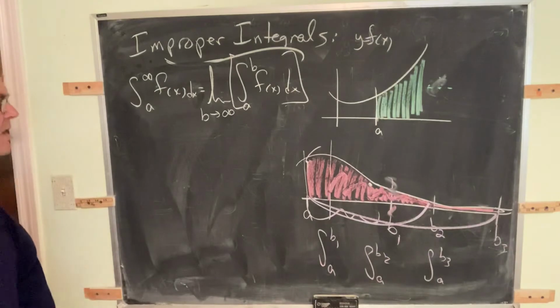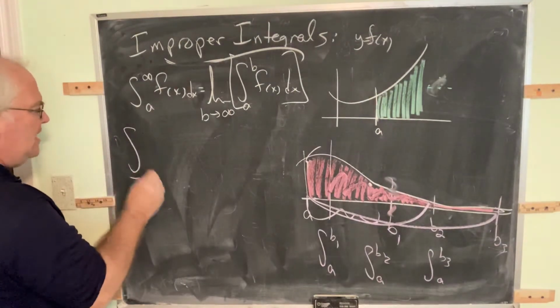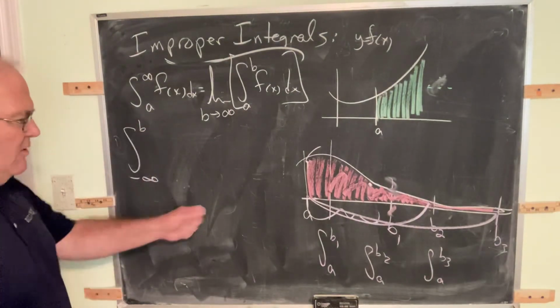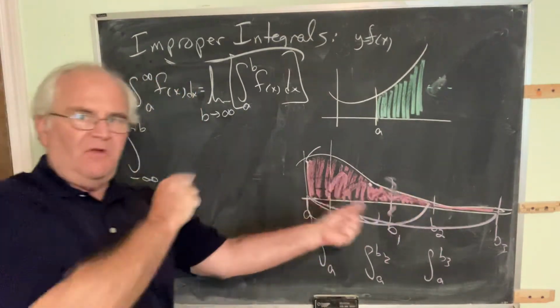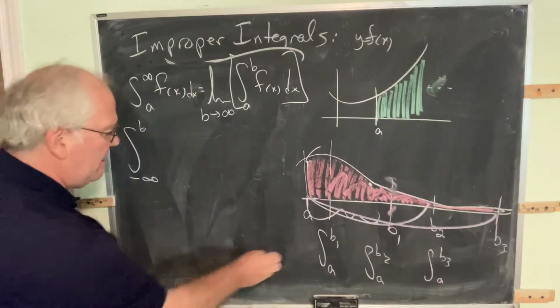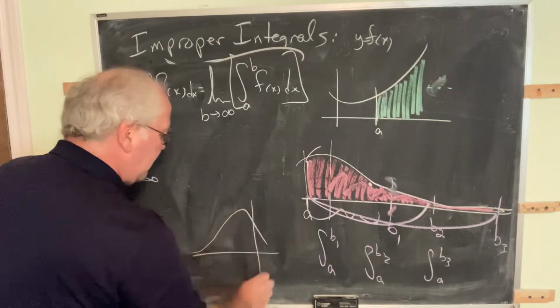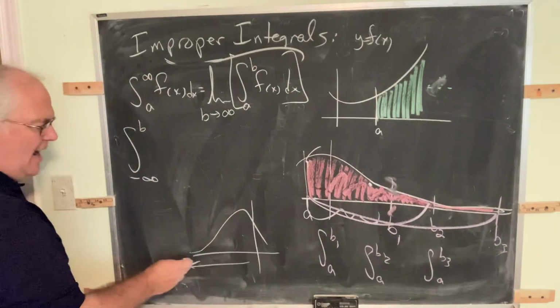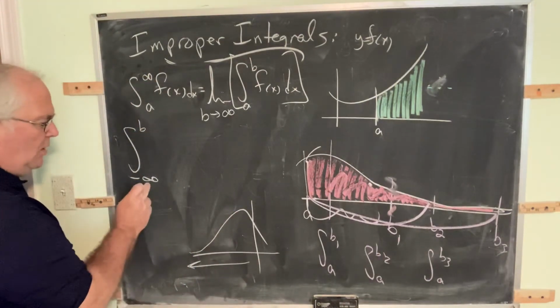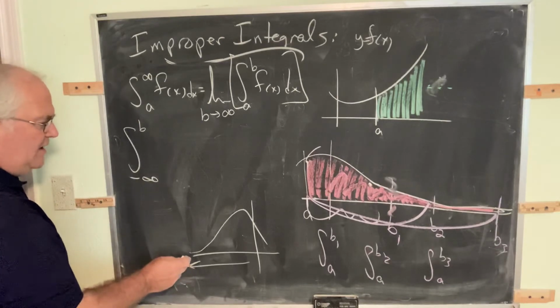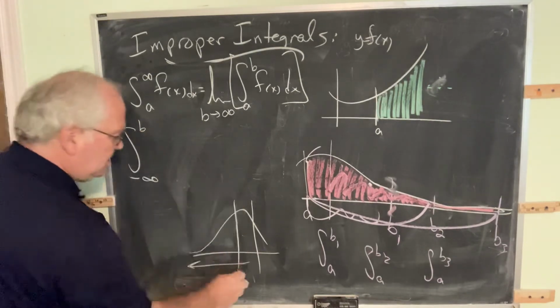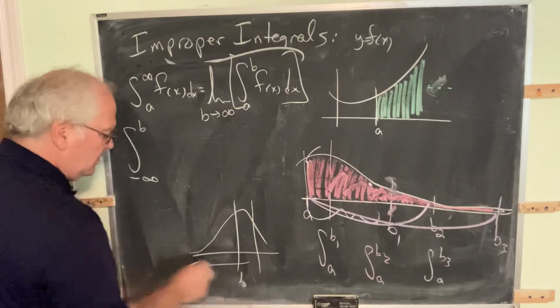All right? Well, you could also have negative infinity to b. That would be the same picture, but you'd have to flop it around to the other side. Now you're talking about this kind of picture where you're receding out the x-axis this way. The left limit of integration is negative infinity. The right limit of integration is now some value b, and now you're accumulating this area.